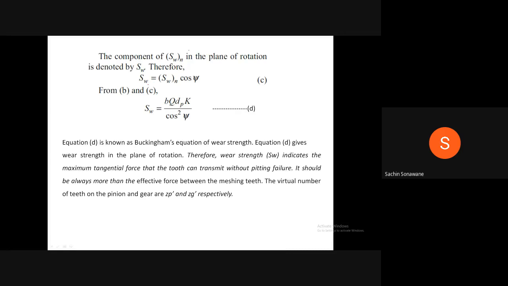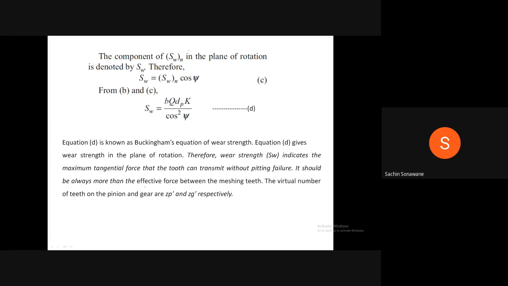Therefore, SW is equal to SWN cos psi, equation C. From equations B and C, we get SW is equal to BQ dp k upon cos square psi, equation D. This is the wear strength equation for helical gear, known as the Buckingham equation of wear strength. Equation D gives wear strength in the plane of rotation. Wear strength SW indicates the maximum tangential force that the tooth can transmit without pitting failure.